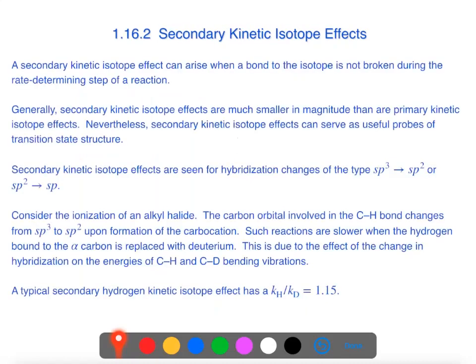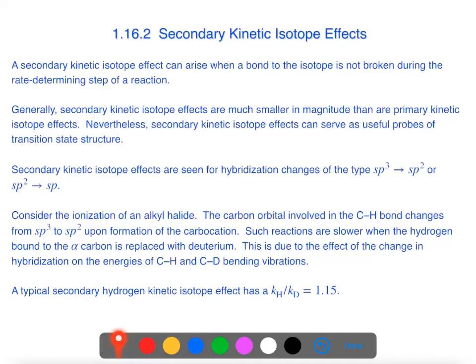So now let's look at secondary kinetic isotope effects. A secondary kinetic isotope effect can arise when a bond to the isotope is not broken during the rate determining step of a reaction. Generally, secondary kinetic isotope effects are much smaller in magnitude than our primary kinetic isotope effects.